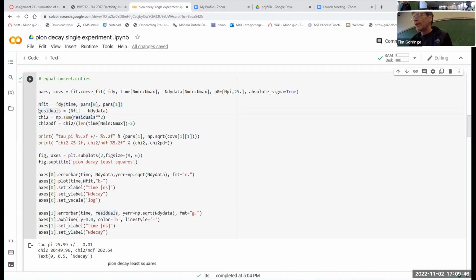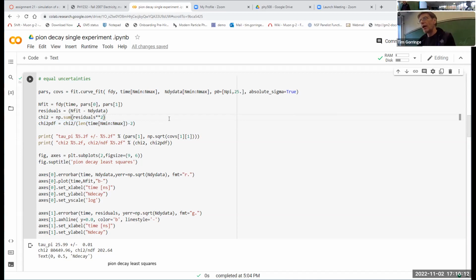I then calculated the residuals, which is the difference between the fit and the data. I calculated the sum of the squares of the residuals, and then divided by the number of degrees of freedom, which is the number of data points less the number of parameters, to get the chi-square per degree of freedom. So that was all that business.